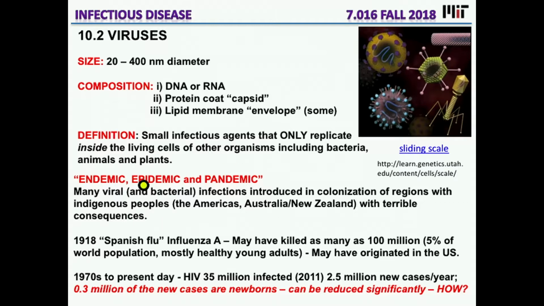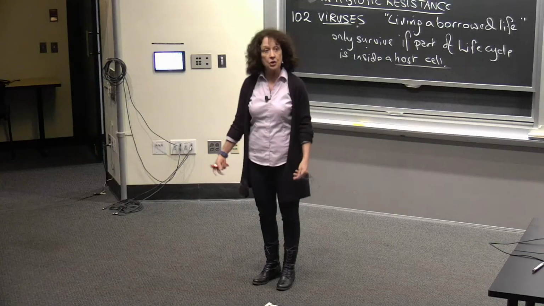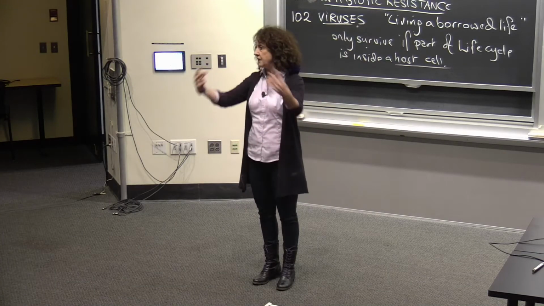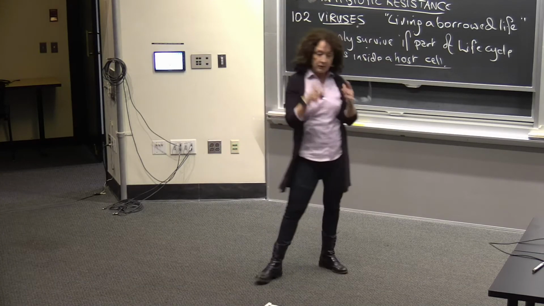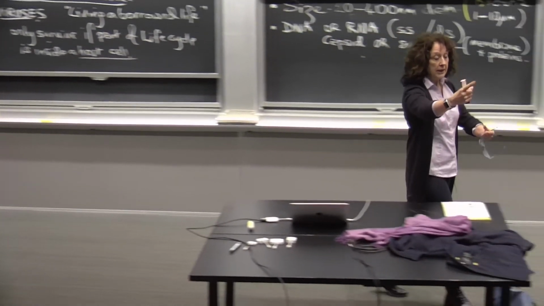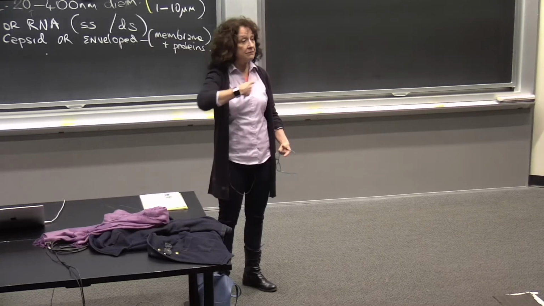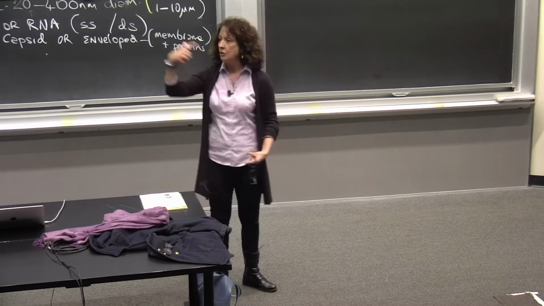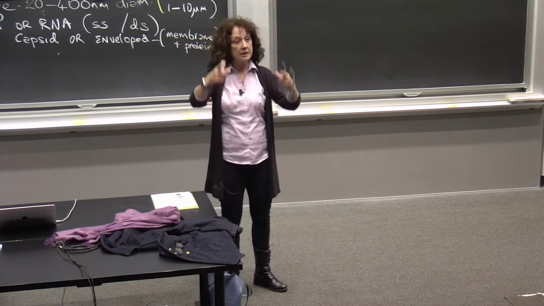As soon as the virus or bacterial infectious agent starts spreading amongst a local population, we would call that a local epidemic. So a community, a country, very much defined geographically into a particular space, where there's transmission of viruses from person to person or animal to person within a community.